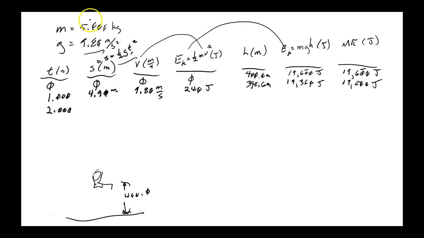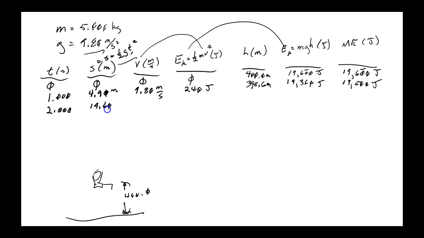So that would be 1/2 of the acceleration due to gravity, 4.9, times 4 this time. 2 squared is 4. So 4.9 times 4 is 19.6. Meters.